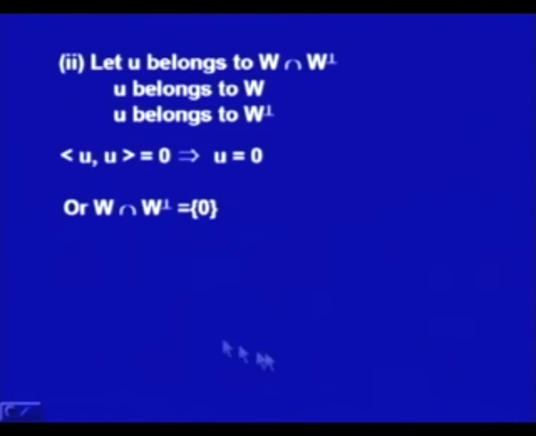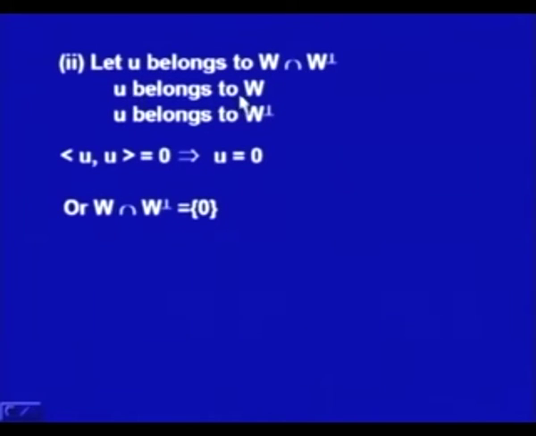To prove the second property, let u belong to W intersection W perpendicular, that means u belongs to W as well as u belongs to W perpendicular. Since the vectors of W and W perpendicular are orthogonal, we take a vector from W and a vector from W perpendicular, and then their inner product will be 0.